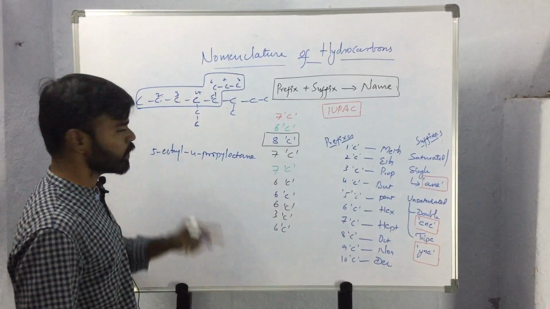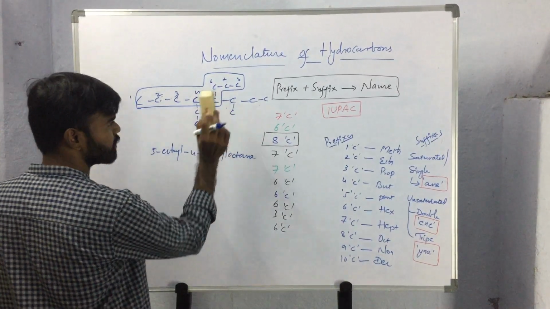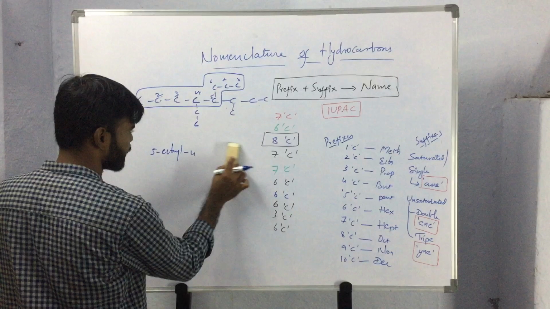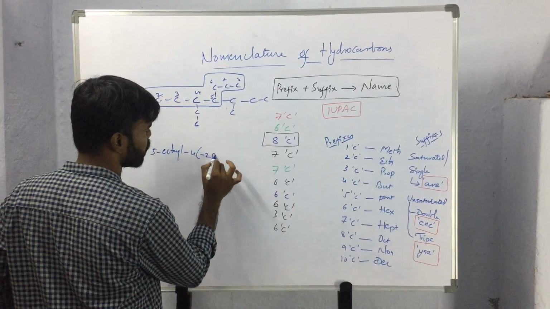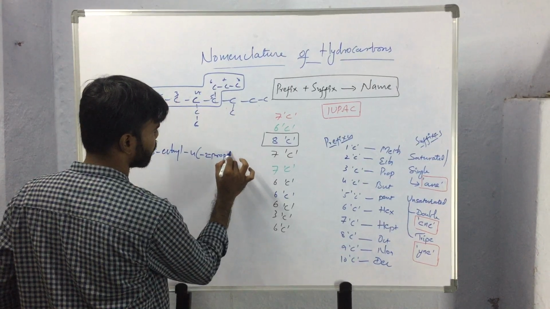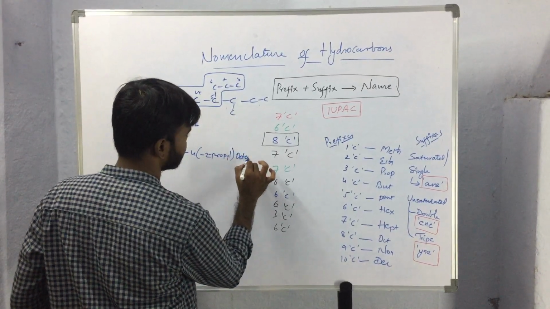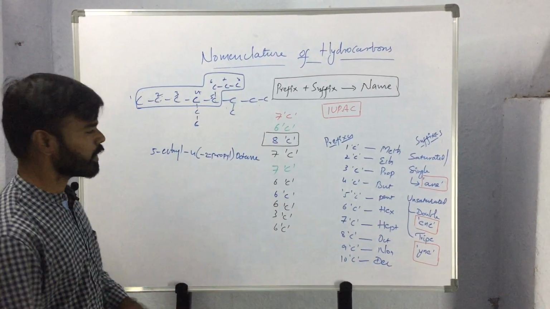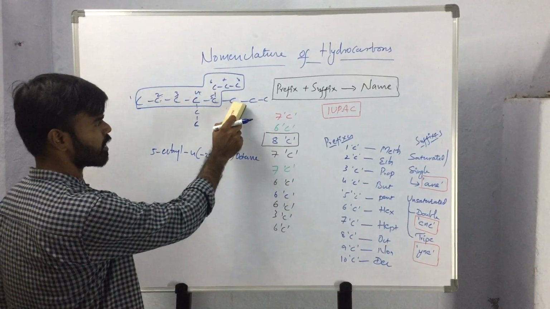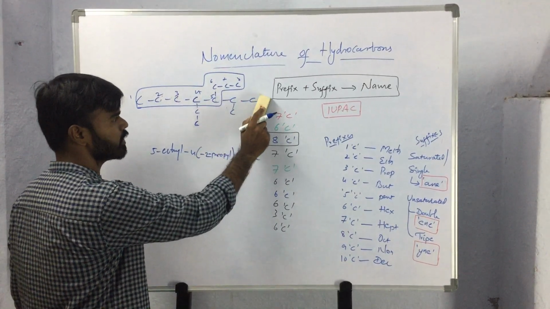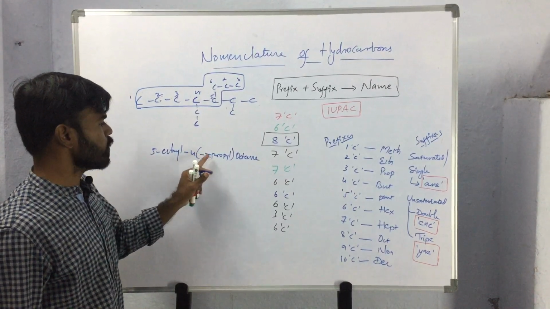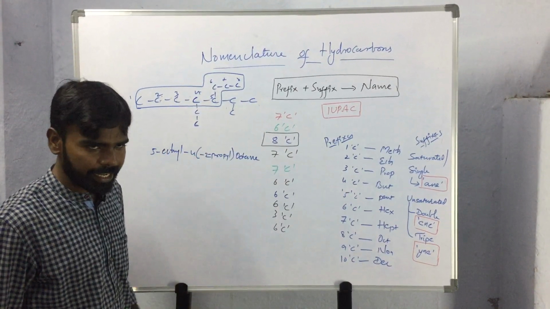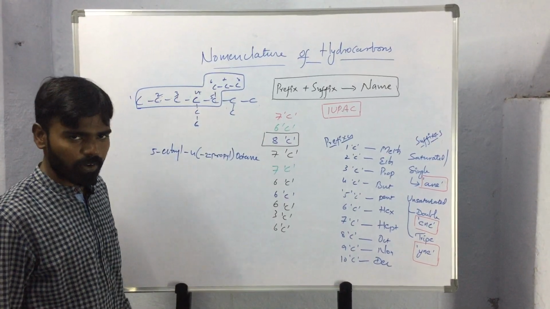So this should be indicated. So in the fourth position, 2-propyl, octane. Like this, we have to give numbering. That means the second carbon atom is directly attached to the parent chain. So 5-ethyl, 4-(2-propyl), octane. This will be the name of the compound.